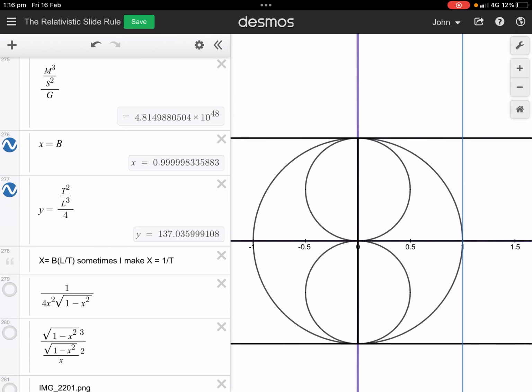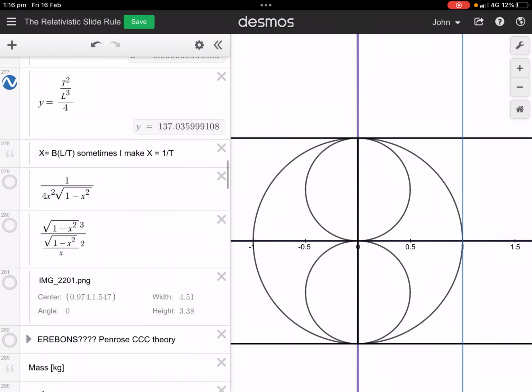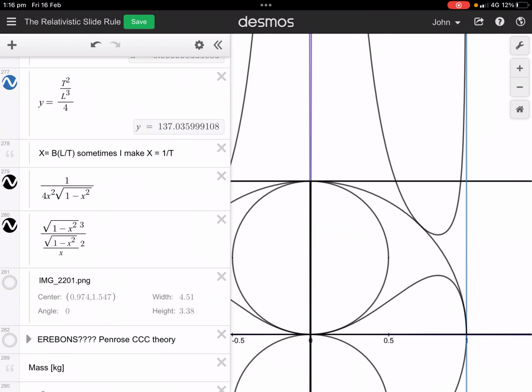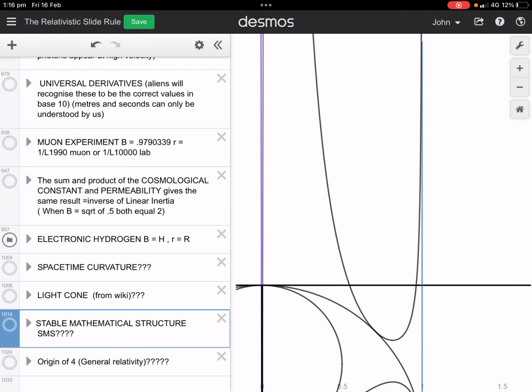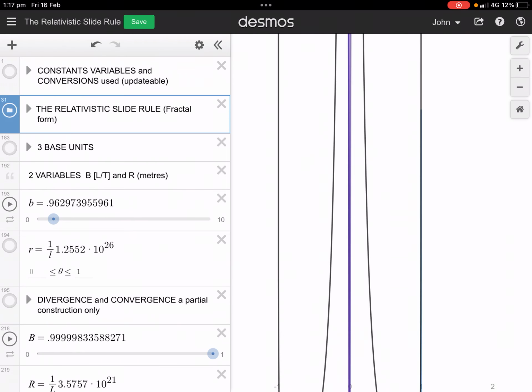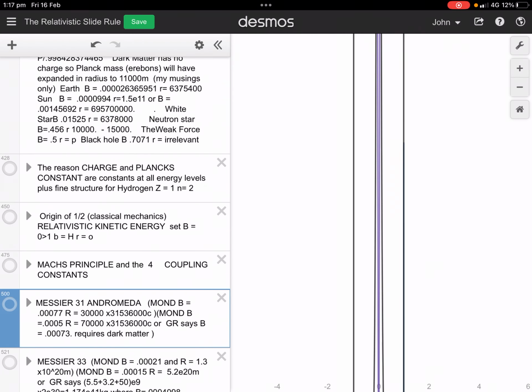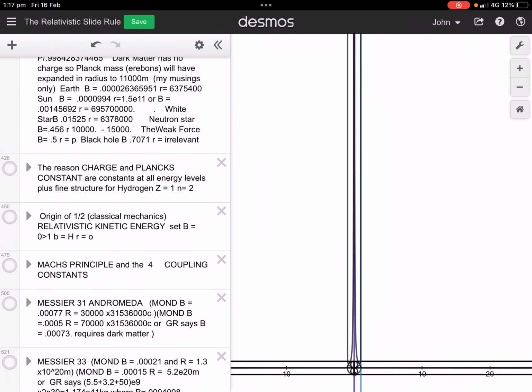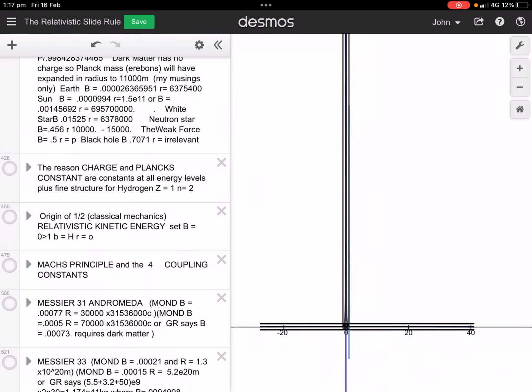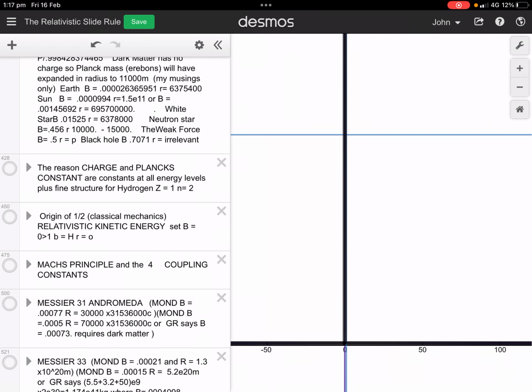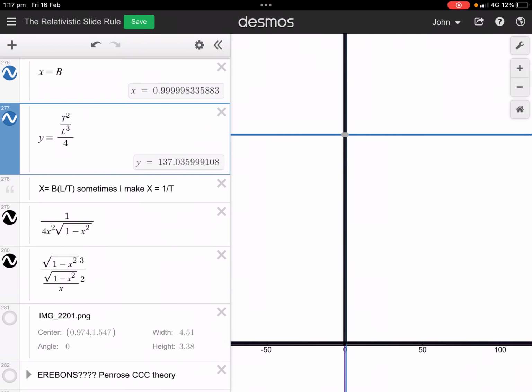X is B and Y, and let me just put this in again. Now let me just look right up here. I'll just head in until I get to 100 and some. Oh, there we are. What's that? Ah, that's the value.